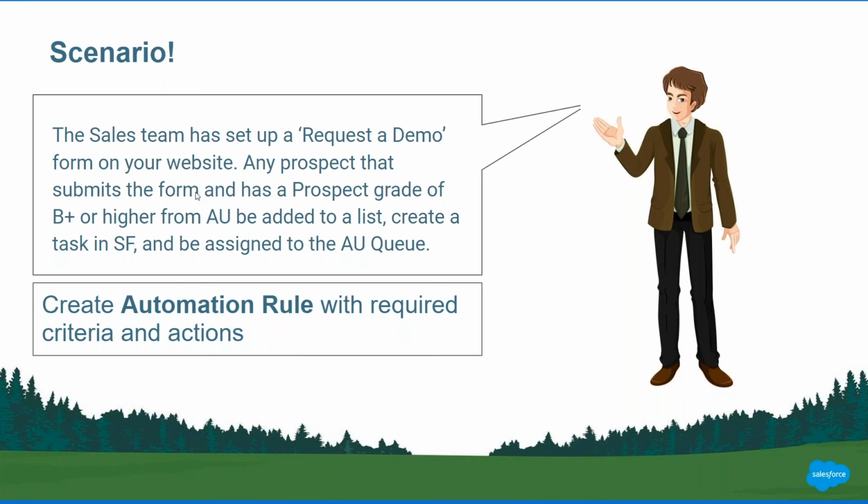So this is a combination of a prospect action plus a specific criteria about that prospect. So in this case, you're going to rely on automation rules to set up the required criteria and the required prospect action, and you'll be able to achieve that with the automation rule.